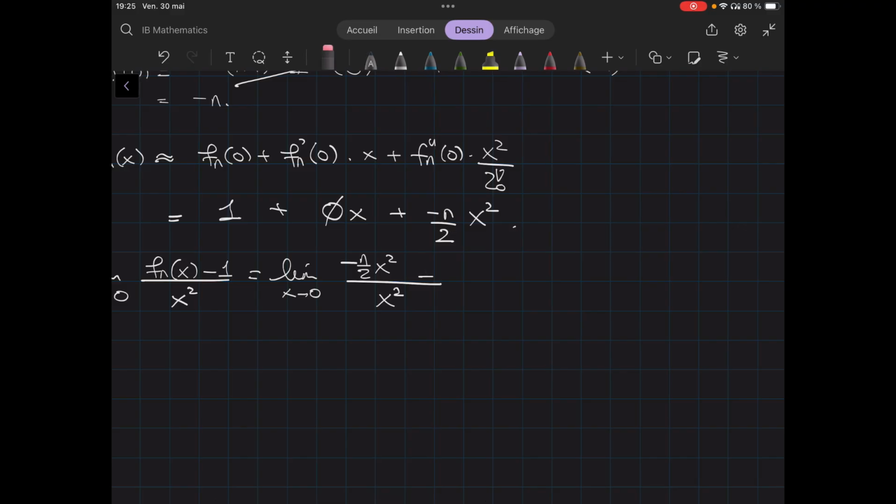Sorry, this also has plus 1 minus 1. These two terms now cancel out. So all you're left with is the limit as x tends to 0 of negative n by 2, or simply negative n by 2.